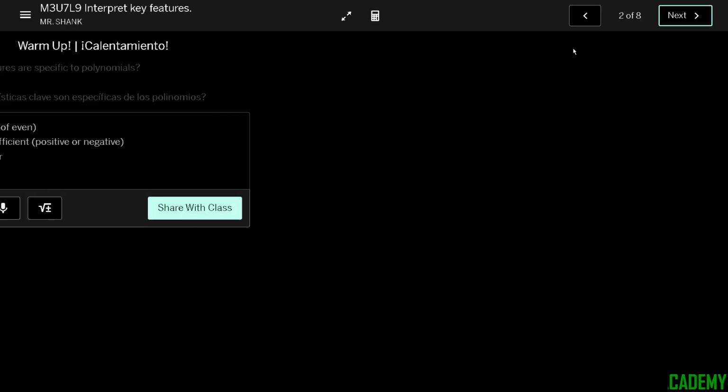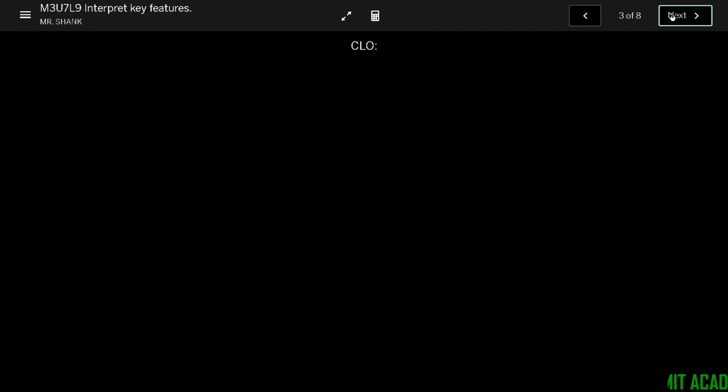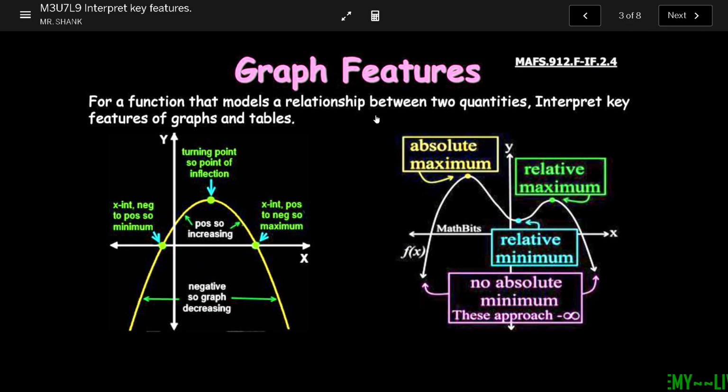What we're talking about is this: students interpret key features of polynomials in writing and sketch the rough graph of them. It says, for a function relationship between two quantities, interpret the key features of a graph and table. On the left side is our normal quadratic function, with that U shape, and we're talking about those two x-intercepts. The vertex is technically that turning point or point of inflection.